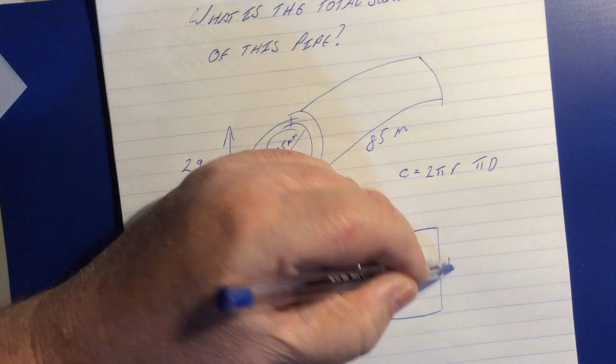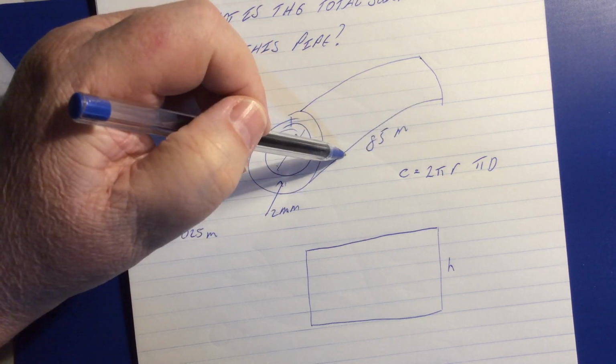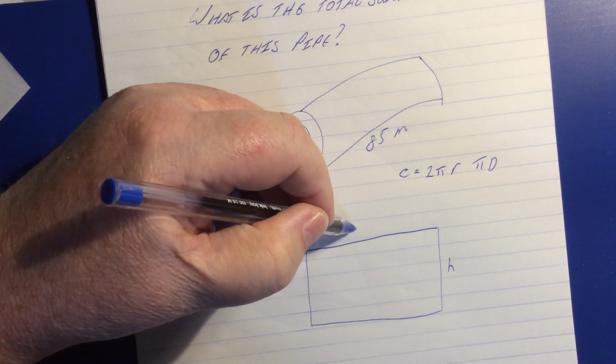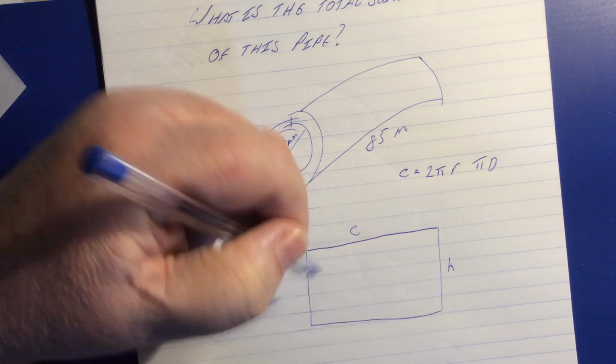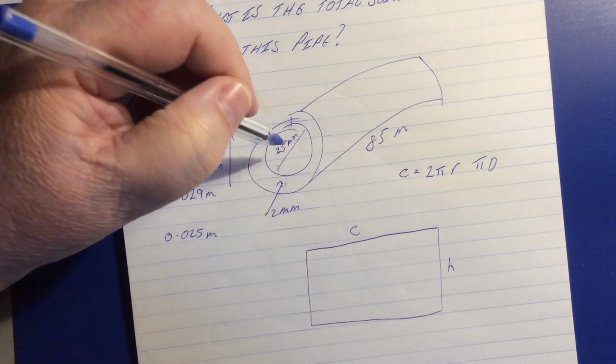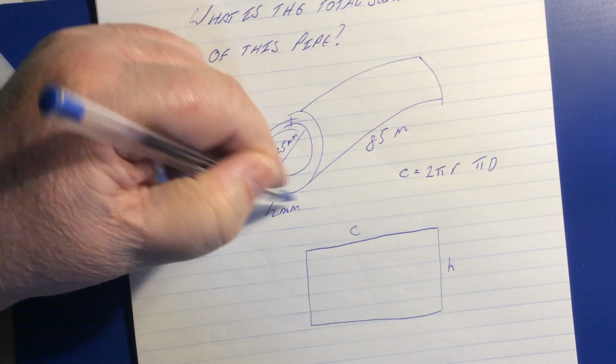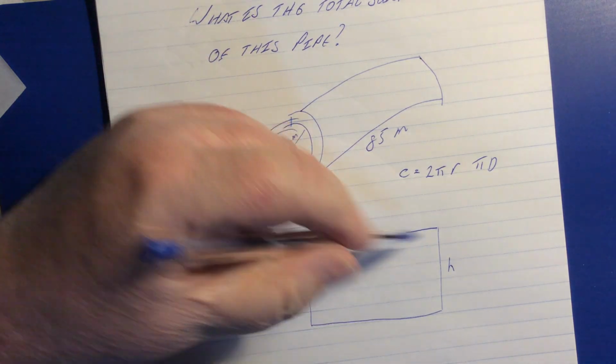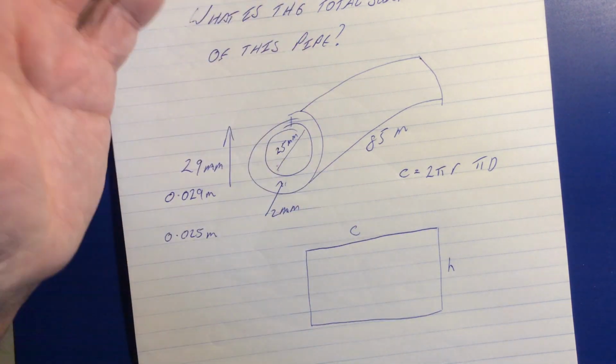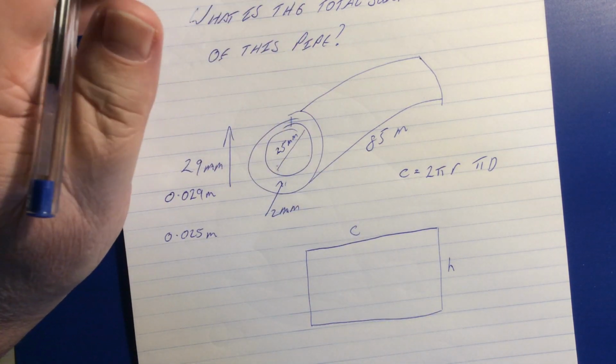The height, which we would actually call the length here, times the circumference will give you the area. The circumference of this circle, when it's flattened out, will give you one of the lengths.